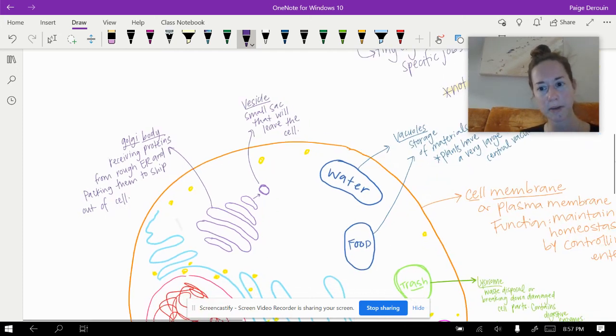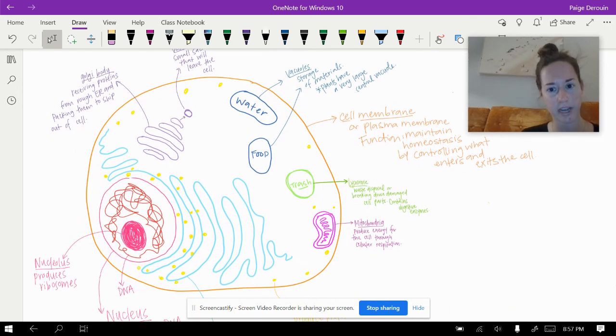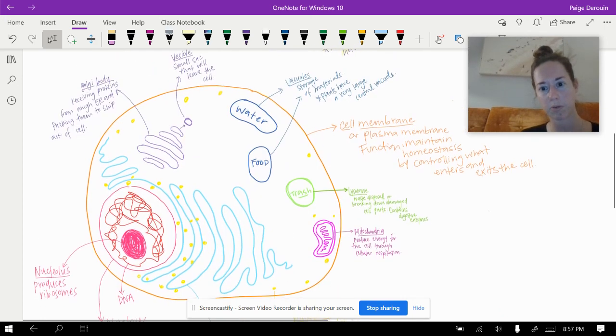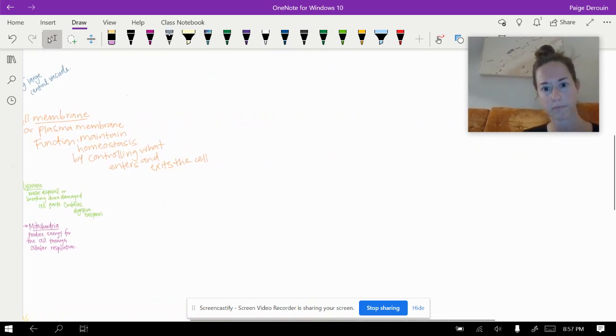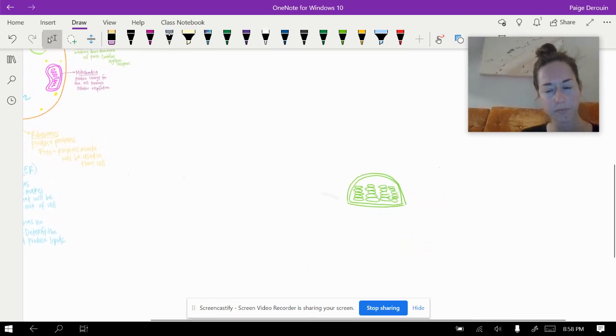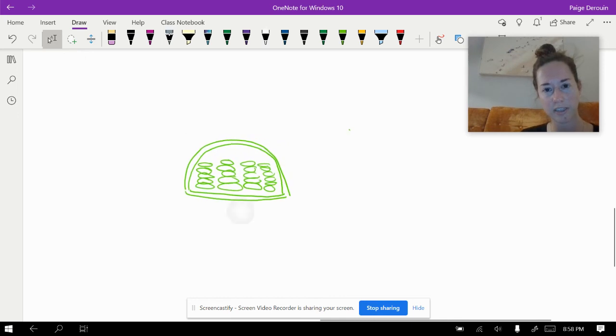Okay, so those are the basic organelles, but I do want to talk about one more that's only found in plants. So I put it down here or over here. Where is it? There he is. This guy didn't get into the cell because the cell I drew looked more like an animal cell.